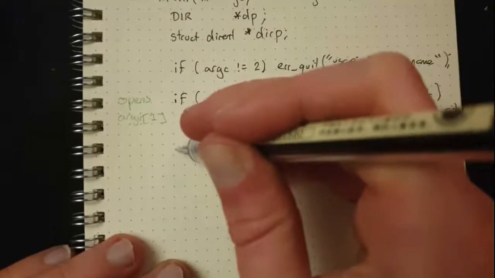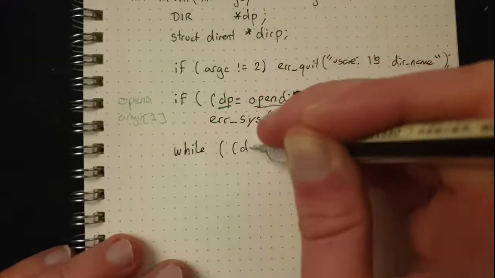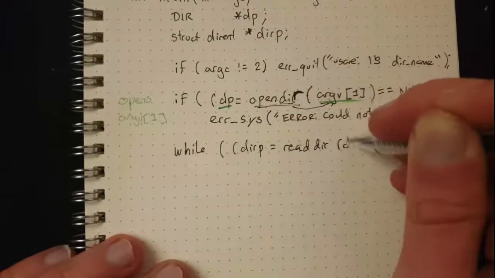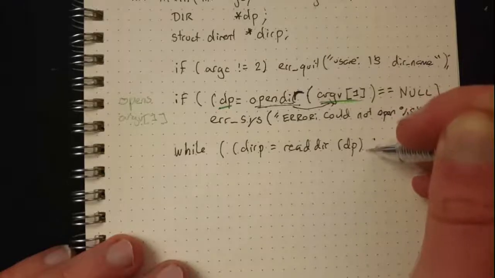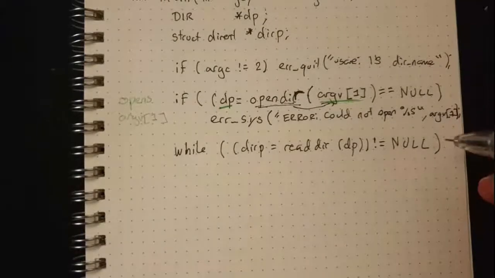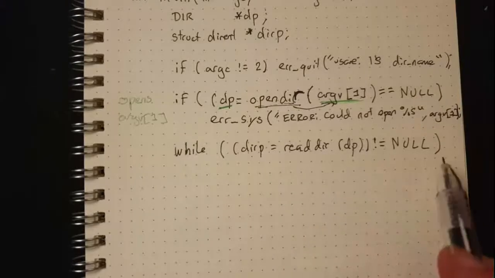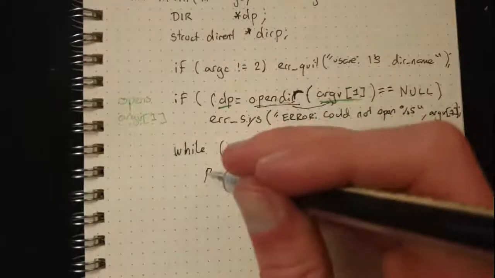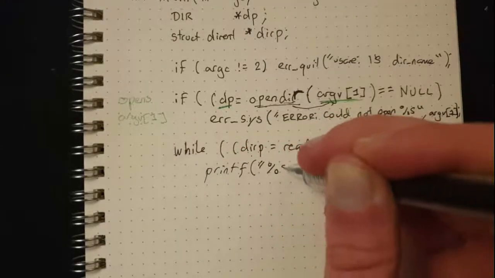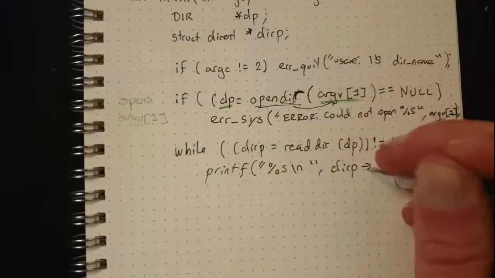Now we use a while loop. While dirp equals readdir dp is not null, we want to printf %s \n, dirp arrow d_name.